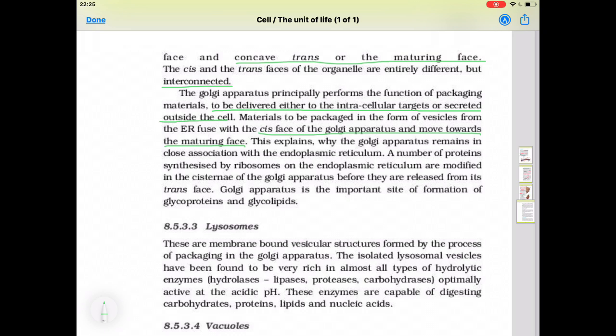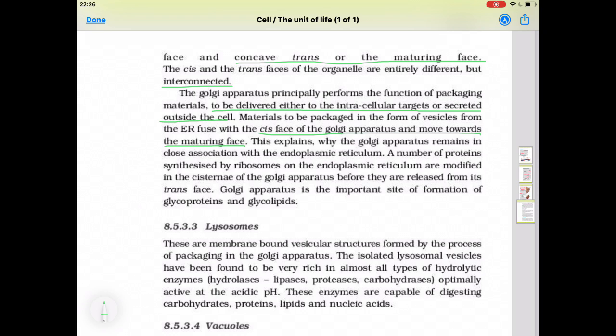From the endoplasmic reticulum, Golgi bodies are attached. The cis face is the forming face, and then the material moves towards the maturing face. The packed material moves towards the maturing or the concave or trans face.